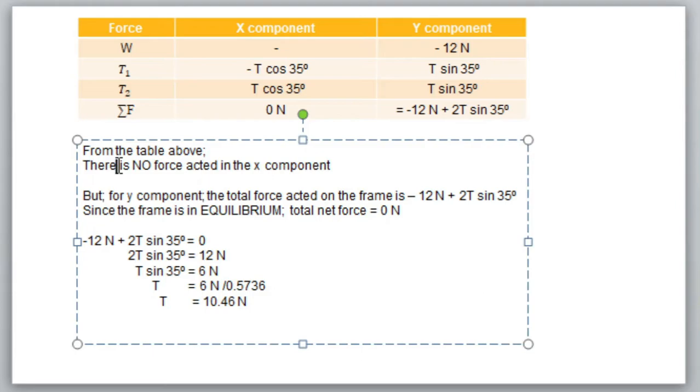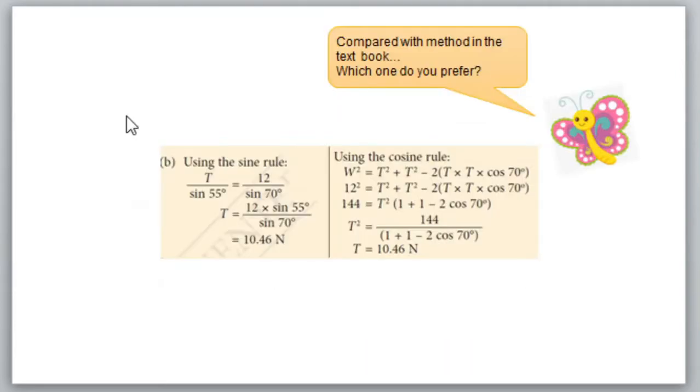Do you prefer the method which is shown in the textbook or the method that you learned just now, which is the table method? One of the advantages of the table method is it shows steps on solving the problem. Thus, your thought, your brain will not be burdened by the equation and mathematics to solve the problem.